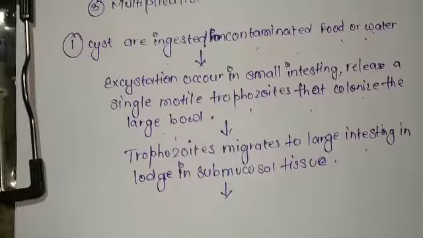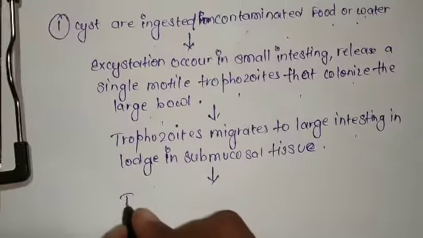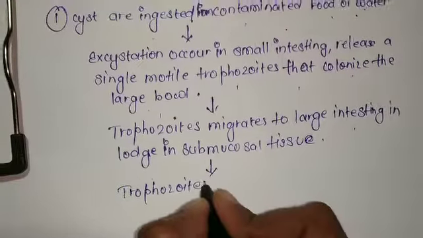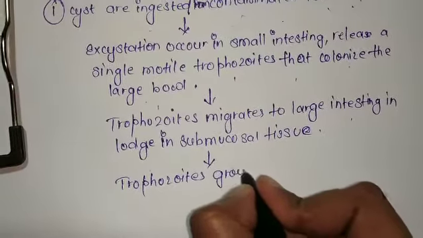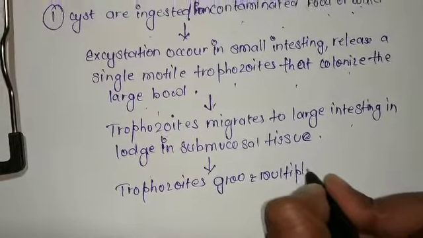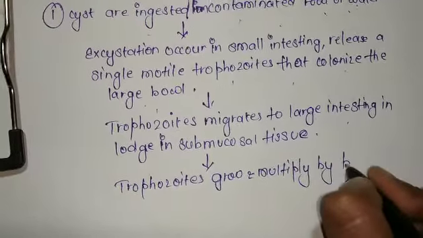After this, the trophozoites grow and multiply by binary fission.